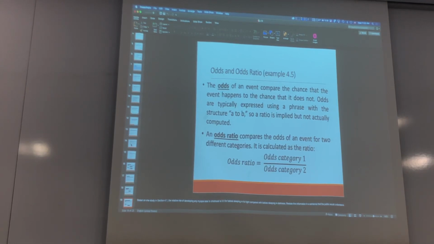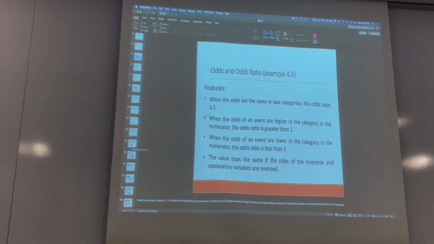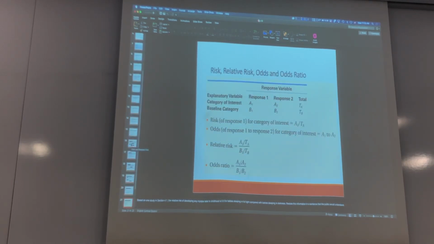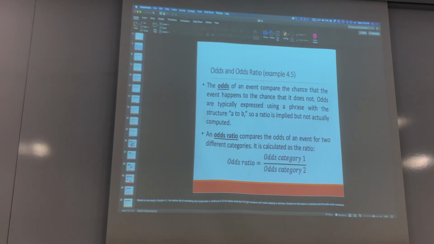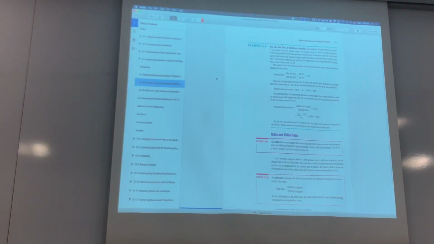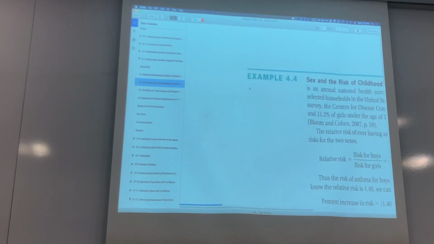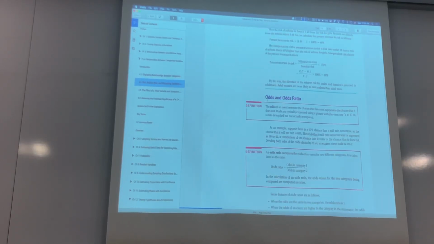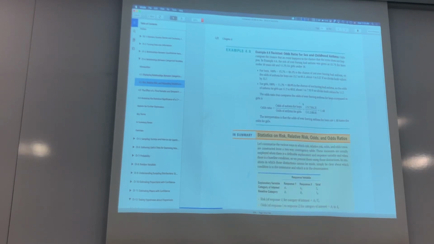Okay. So هني خلينا نشوف الكتاب. So هني عندنا هذا الاكزامبل 4.5 على odds ratio. Odds ratio comparing the chance of events happening to the chance that the event does not happen.